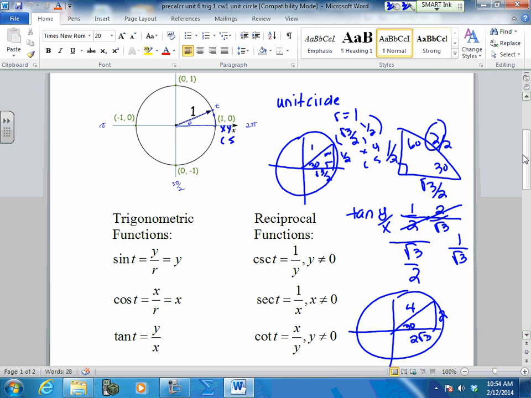So all you have to do is work with one measurement. Did I multiply by 2? Did I divide by 2? Did I multiply by 3? Did I divide by 3? Just figure it out that way. Now, these stay the same. The sine is always going to be the y over the r. On your unit circle, the r happens to be 1. That's why the sine is the y.